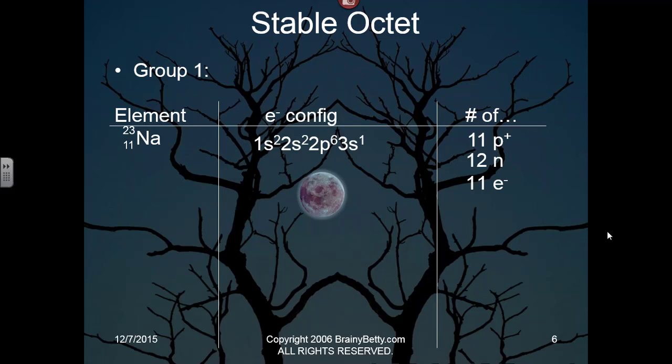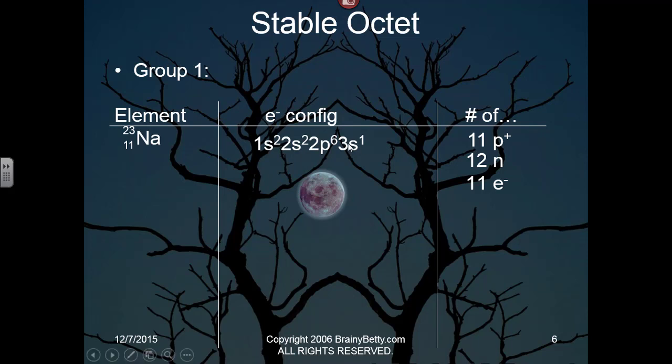If you think about how could this element make a stable octet? Well, it has two choices. There's one electron already in the third energy level. If we wanted to make this a stable octet, we would have to add 7 more electrons. That's a lot of electrons to gain.